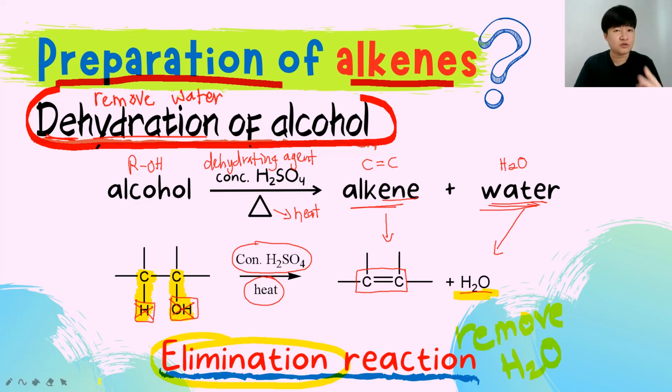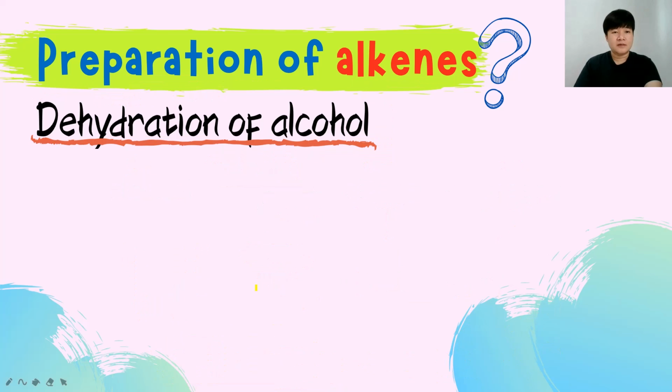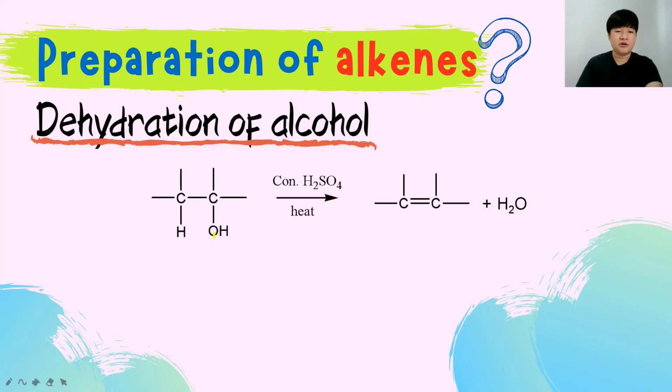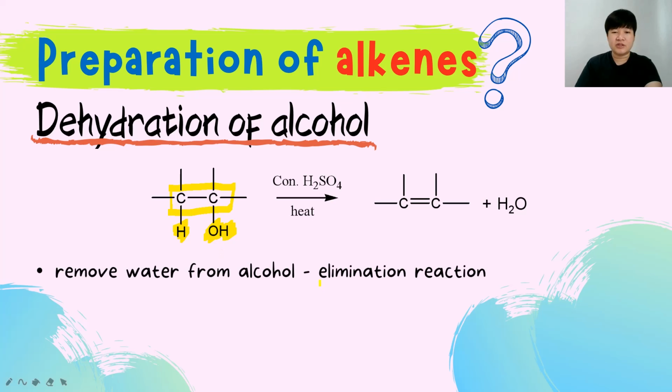So we only focus on two carbons, the carbon that is holding the OH and also the adjacent, neighboring carbon. Right now we know that we will be removing the OH and also the H from the adjacent carbon, and that it's an elimination reaction. So we remove water and that is your elimination reaction.